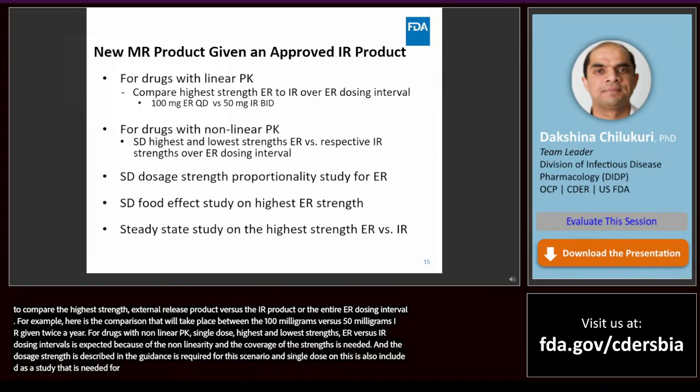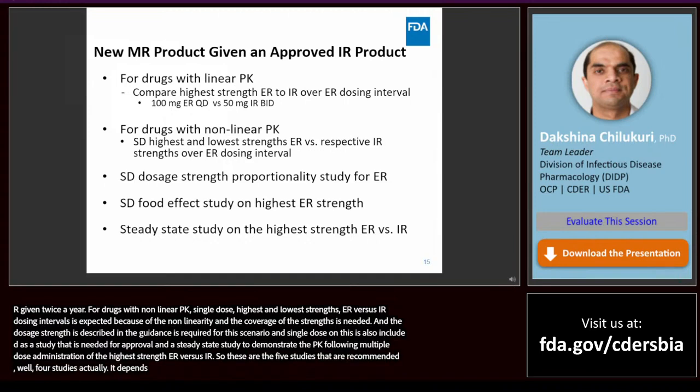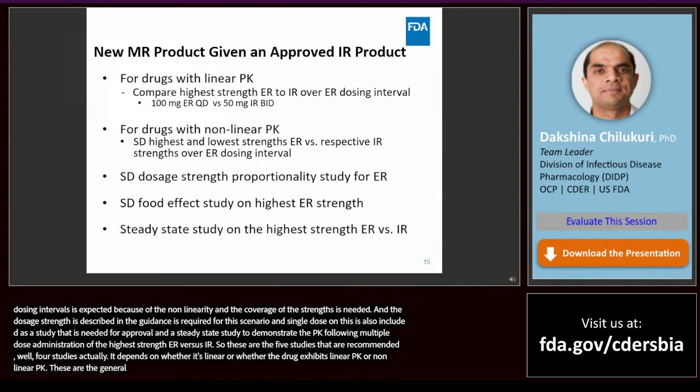And a steady state study to demonstrate the PK following multiple dose administration of the highest strength ER versus IR. So these are the 5 studies that are recommended, or 4 studies actually. It depends on whether the drug exhibits linear PK or nonlinear PK. So these are the general recommendations as included in the guidance.